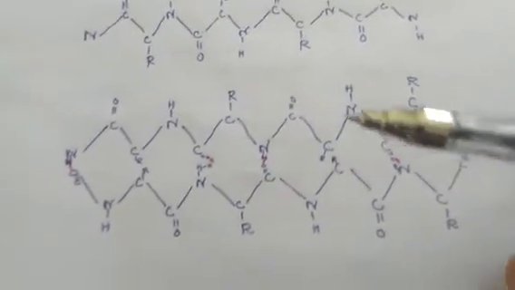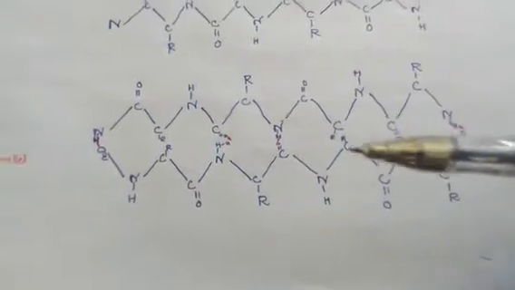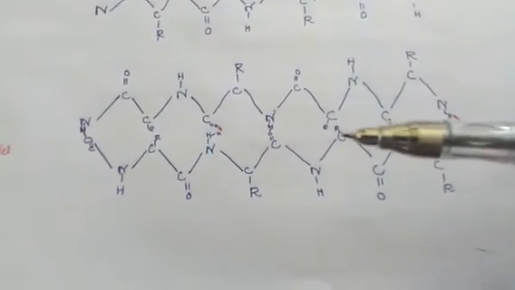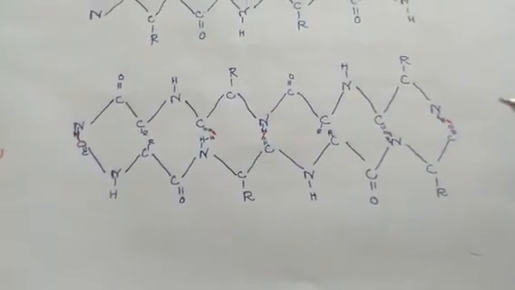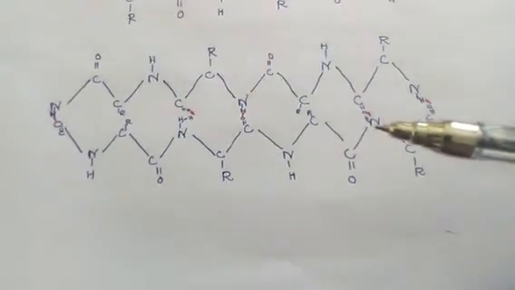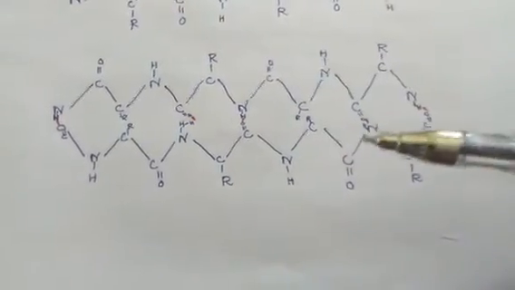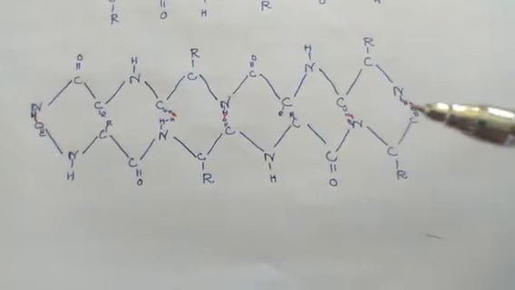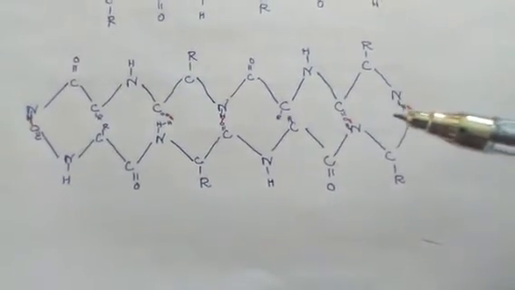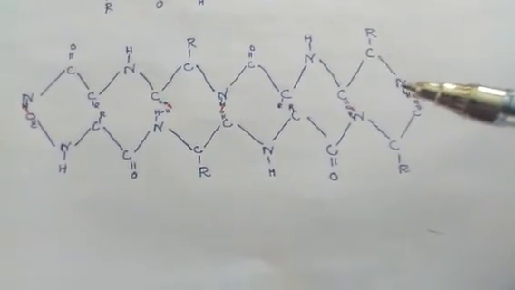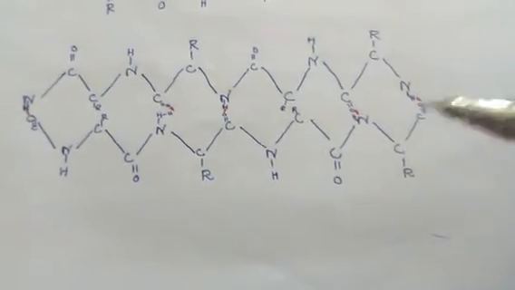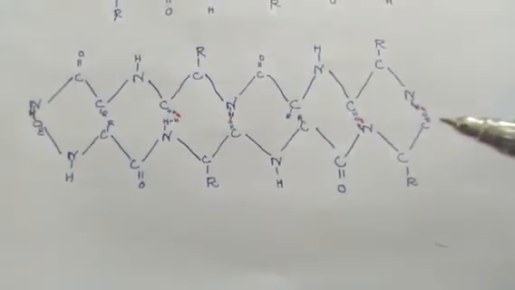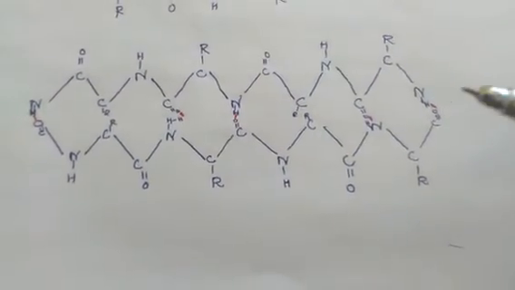You remember in anti-parallel arrangement, the C terminus end of one strand is on the same side as the N terminus end of the other strand. We can say that the N terminus of one strand is adjacent to the C terminus end of the next.